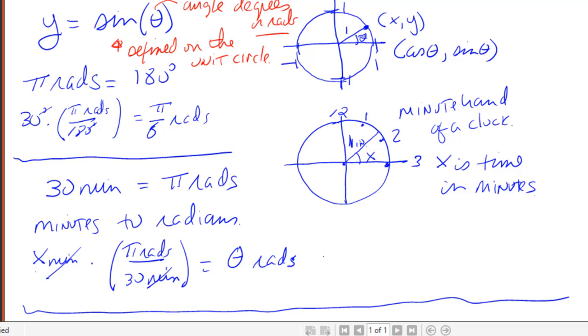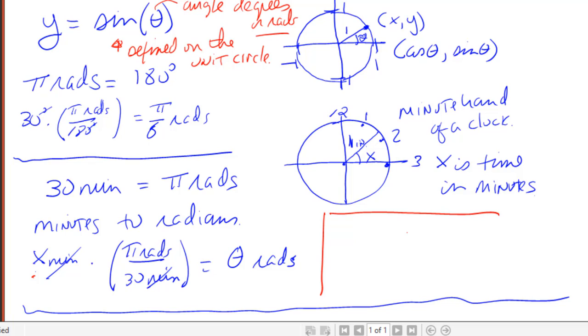Well, one thing for certain is that if I take my measurement in minutes, x, and I multiply it by this conversion, I get radians. So one thing I can do is measure it in minutes, but then use this conversion to go into radians.